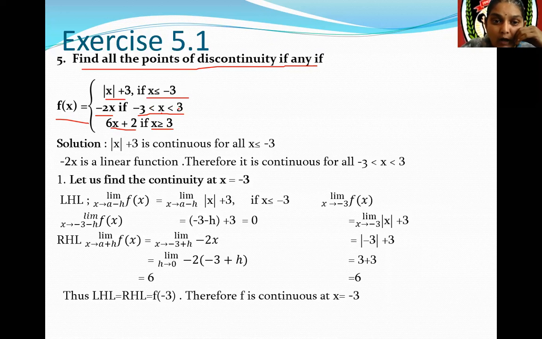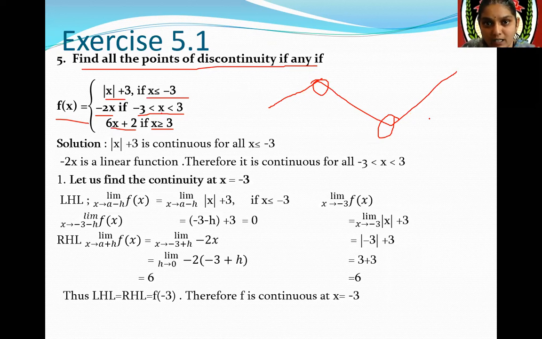But here I have three functions. For mod x plus 3 the line may be like this, maybe, I'm not sure, and after that 2x may go like this, and again 6x plus 2 may go like this. If it happens like this, then these three functions are joining at these two points, and overall the function will be a continuous function.